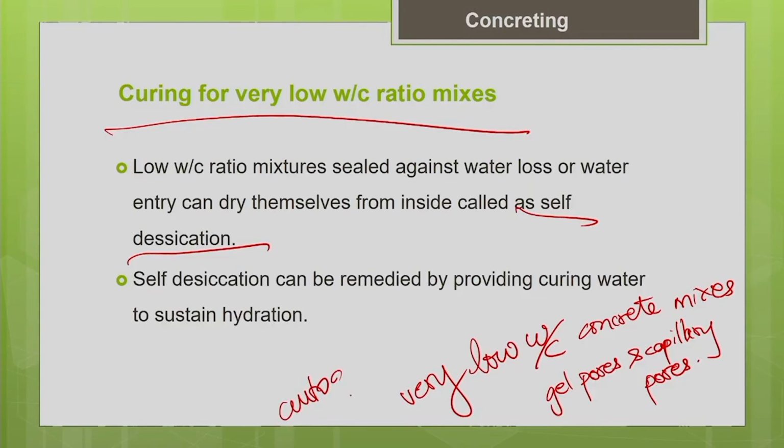Okay. So, when this water is pulled up from all these small pores, it results in significant autogenous shrinkage of concrete. So, that is called autogenous shrinkage. This particularly happens in high strength concrete mixes with very low water to cement ratio.